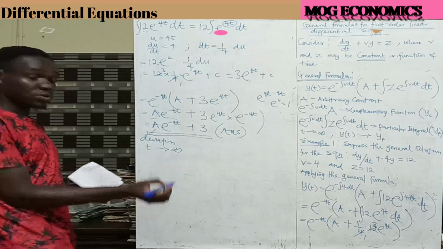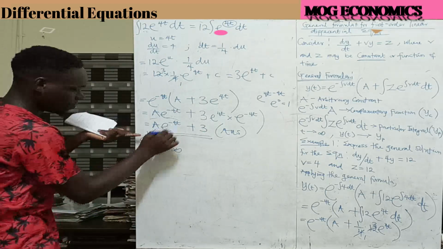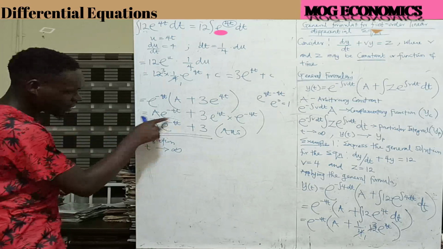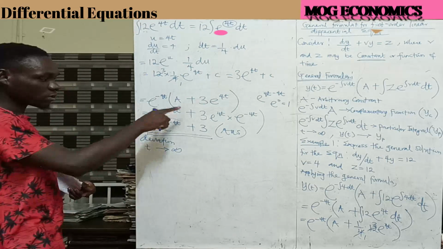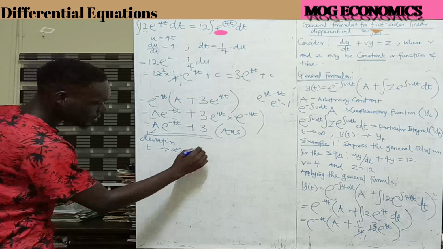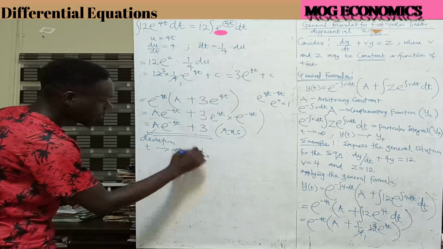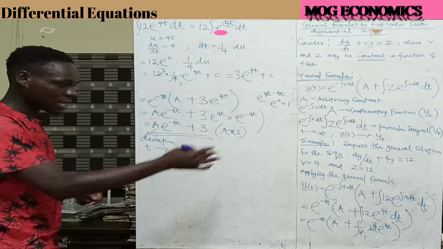Because okay, let's look at it this way. If t increases from 1, 2, 3, this expression, the inverse of 40, that would be 1 over e raised to the power of 4, and then you continue to increase like that.